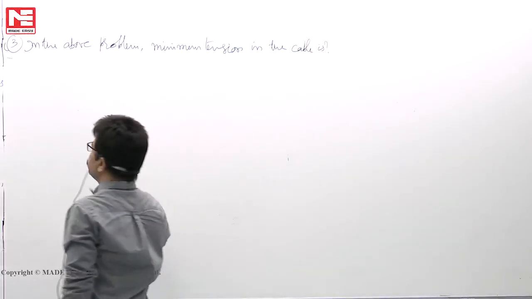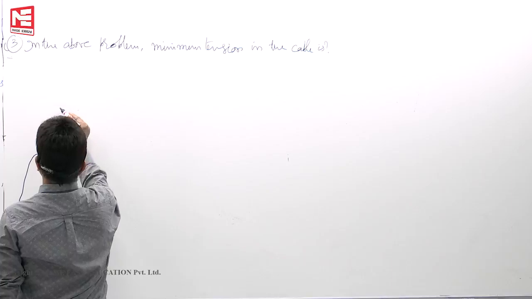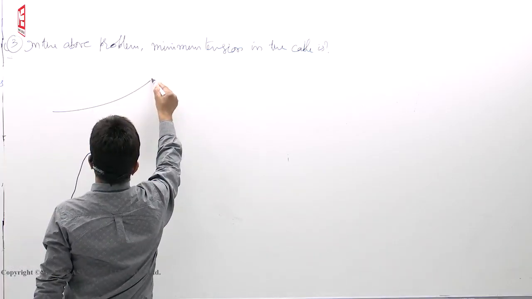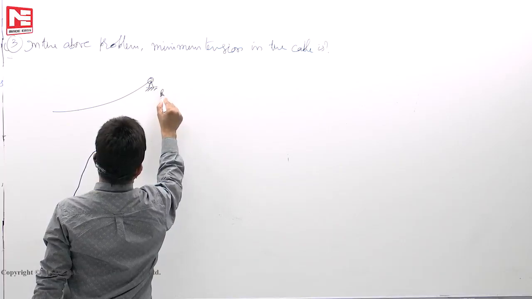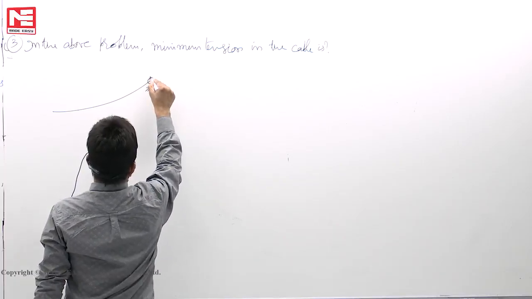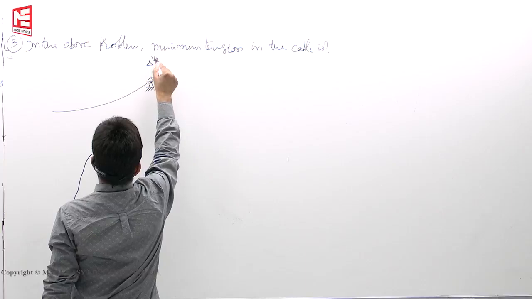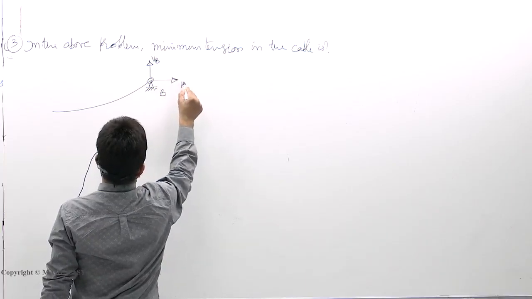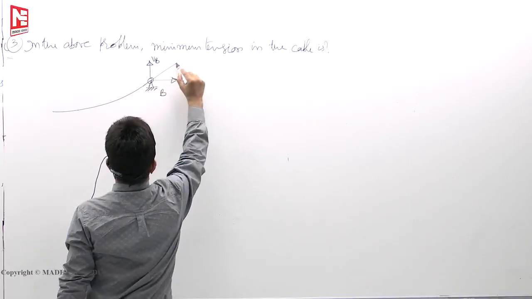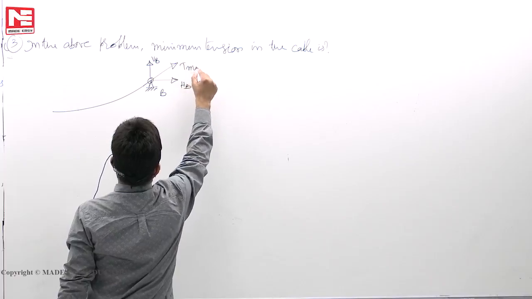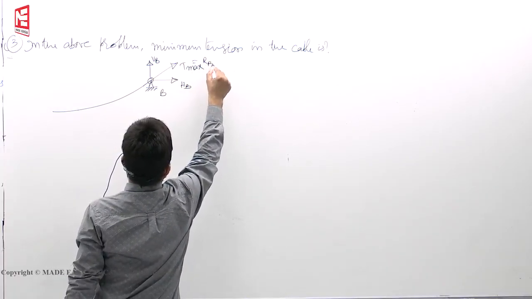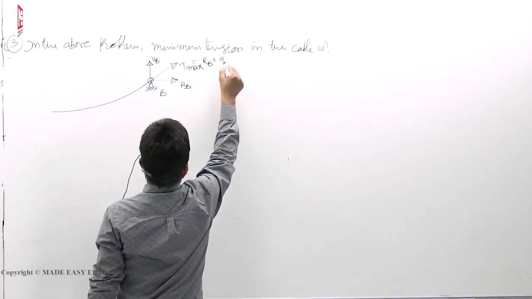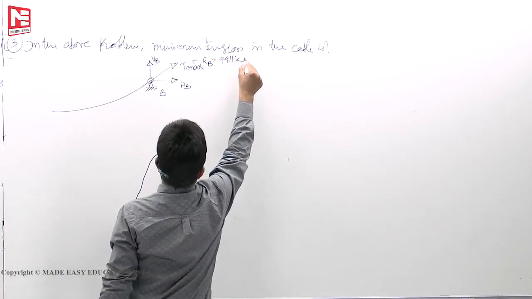You will draw the free body diagram of CB. This point is B. I have shown here VB, HB, and this is your T max. We can say R is equal to RA, RB, T max is equal to RB. This value is 9911 kilonewton.